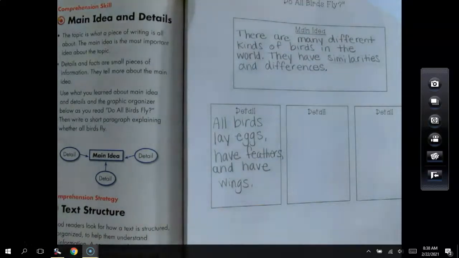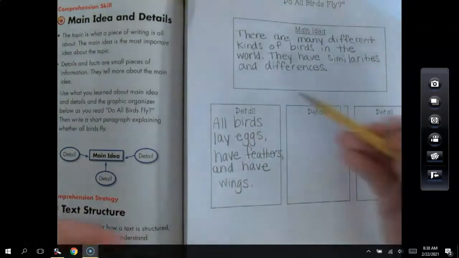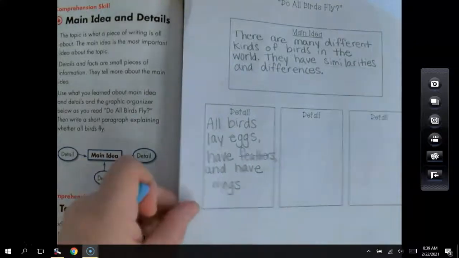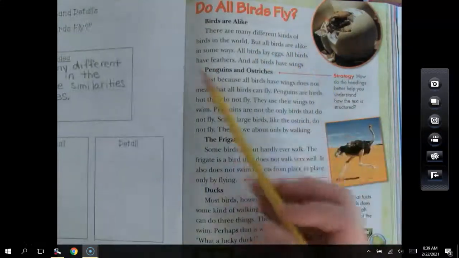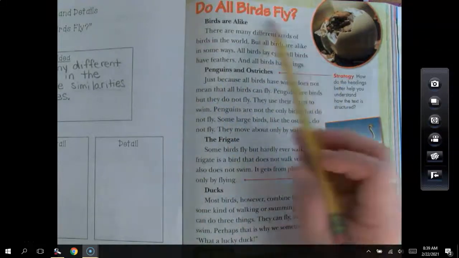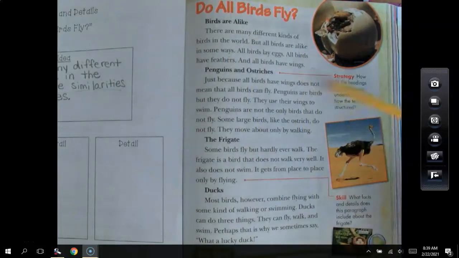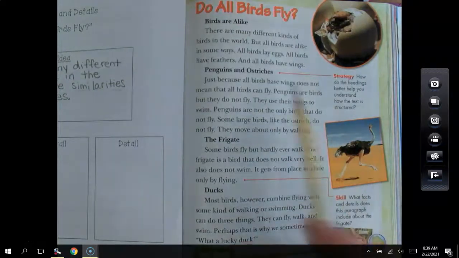Okay, boys and girls. Now, we figured out how they have similarities. And if I recall from what I've read, they talked about how the birds are similar in the first heading. Well, it even says birds are alike, okay? When I read the next 3 paragraphs, it talked about how these different birds were different. So if I would break it down and I would look at penguins and ostriches and the frigate, how are they different?